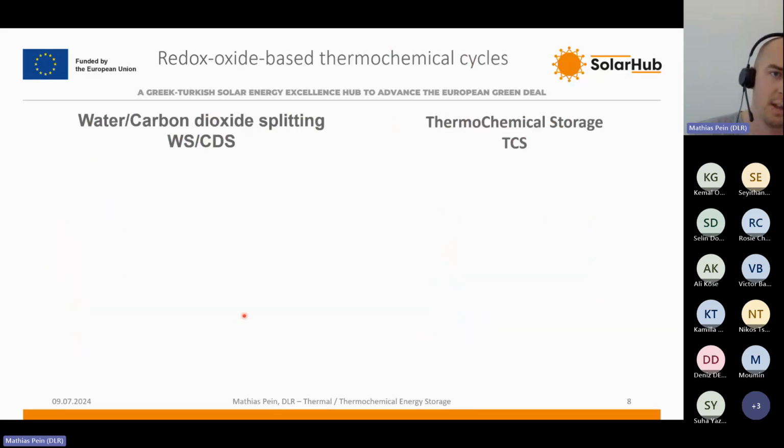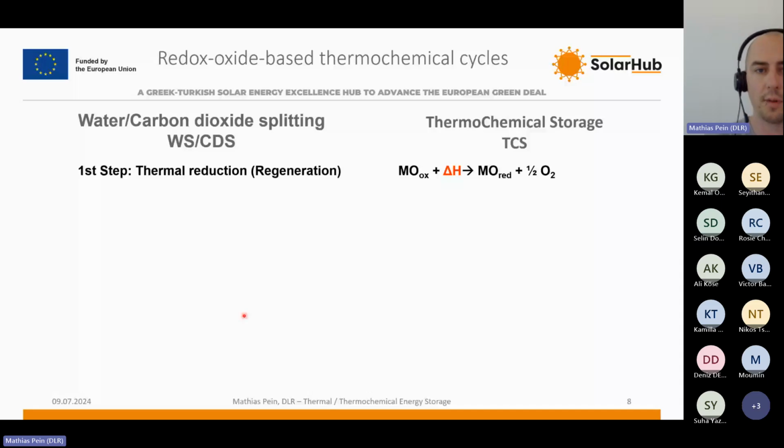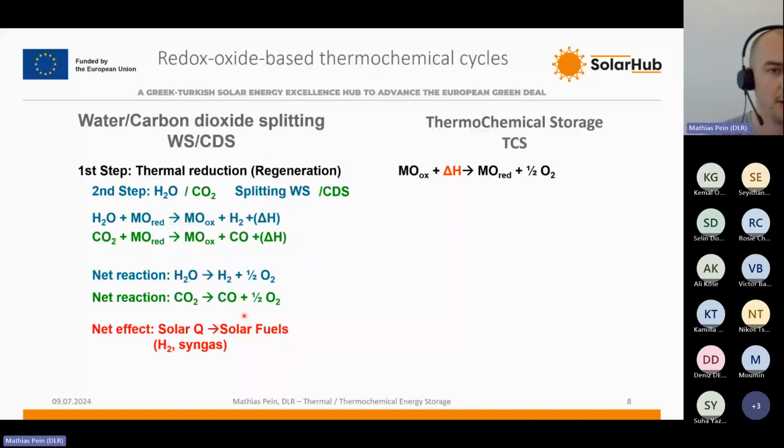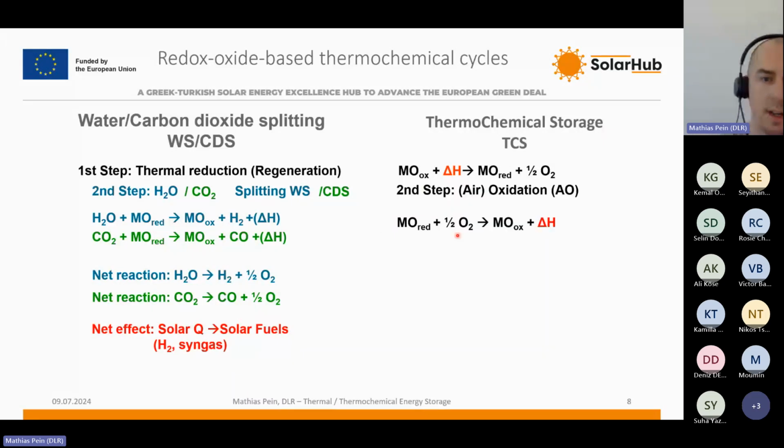But I will focus on the thermochemical energy storage, where you have a reduction reaction where heat is absorbed. So it's an endothermal reaction, oxygen is released. I will skip the water and carbon dioxide splitting reactions because I believe it will be covered later on as well. But for the oxidation reaction, the metal oxide is again absorbing the oxygen and it's releasing the heat.